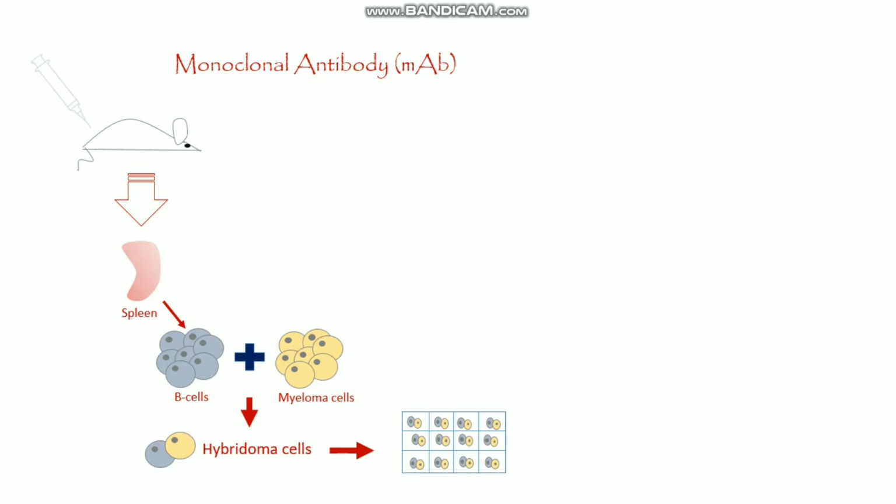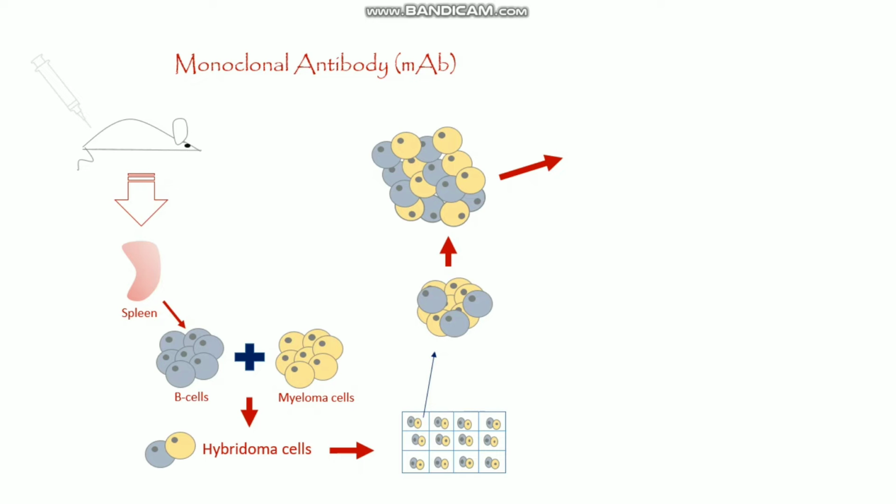By the ELISA technique, the higher antibody producing clones need to be selected, and then that specific clone needs to be grown in bulk amount to produce the monoclonal antibody, and those hybridoma cells need to be stored. Later on these hybridoma cells need to be injected into mice, and after 15 days we need to collect the ascites from the peritoneal cavity.